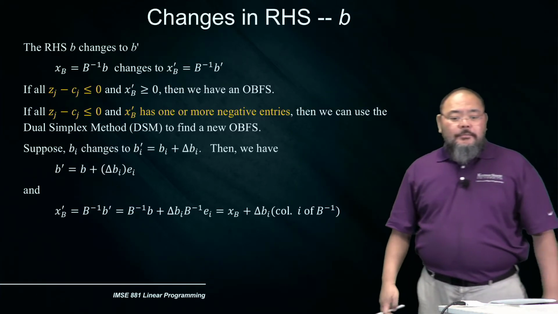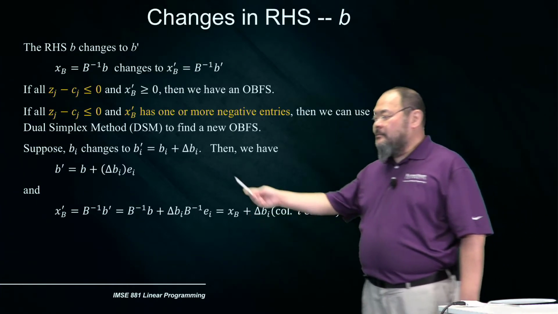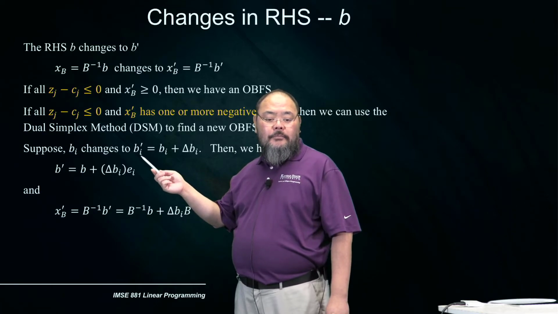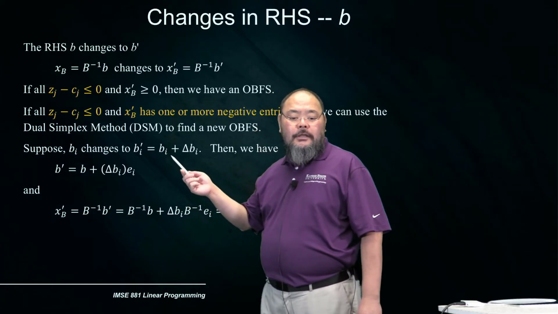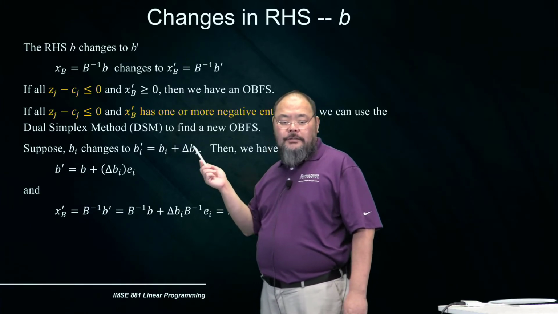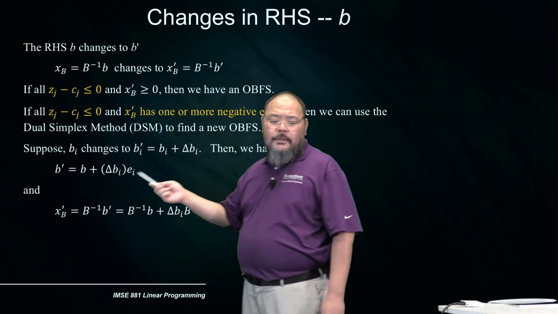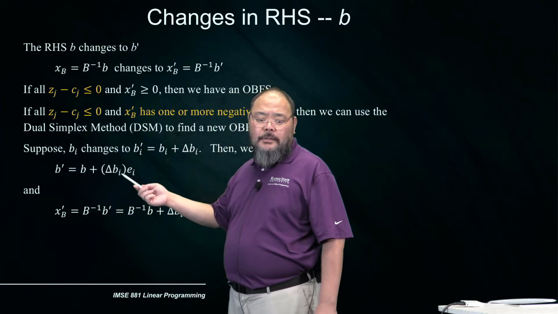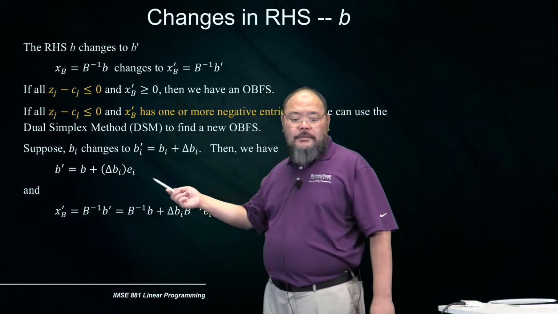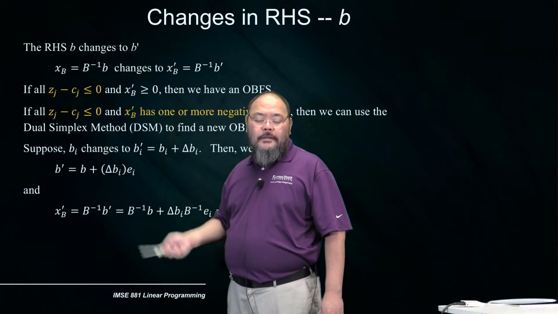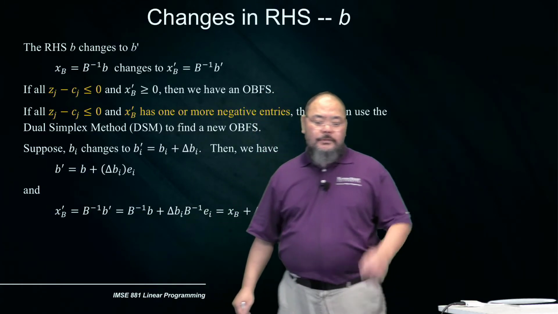Supposedly bi, one of the b's, changes to bi prime equals the original bi plus delta bi, the amount of change. So the right-hand side b prime equals b plus delta bi times ei, where ei is the unit vector with 1 in the i-th position.